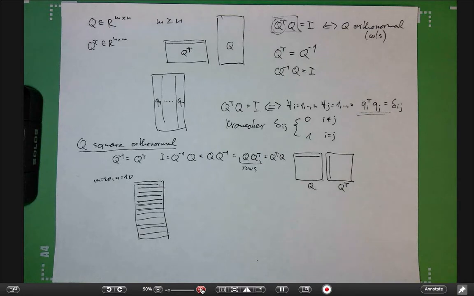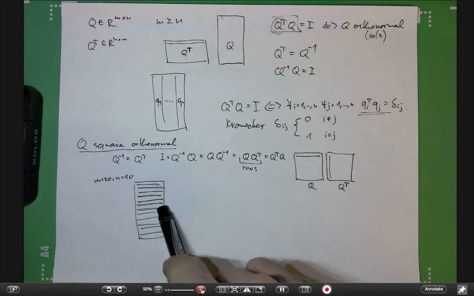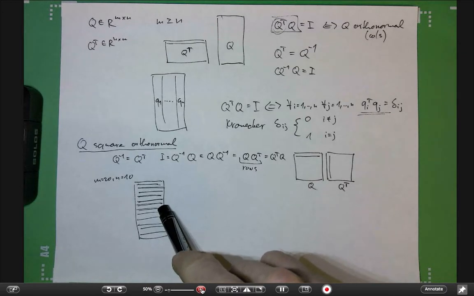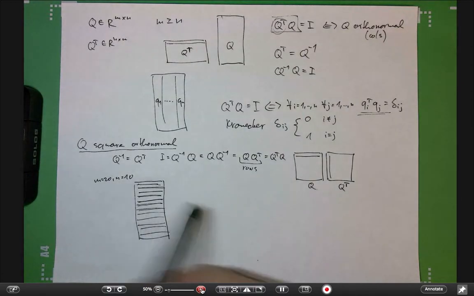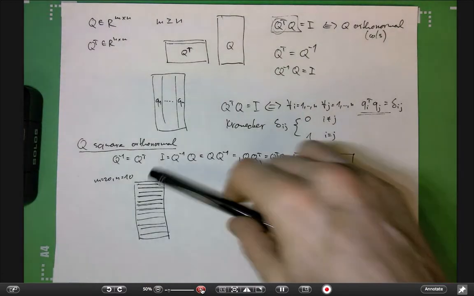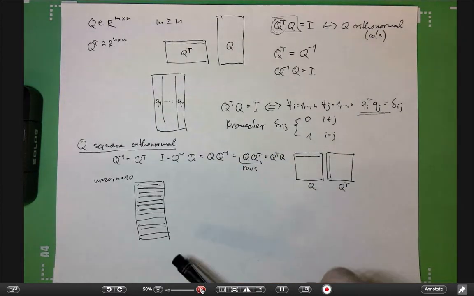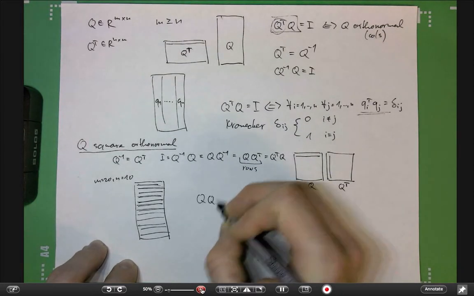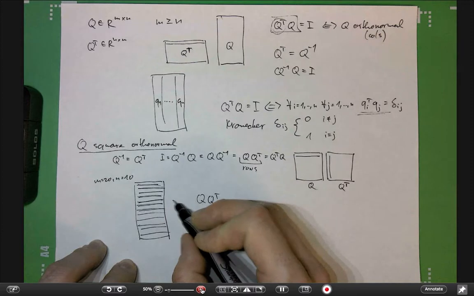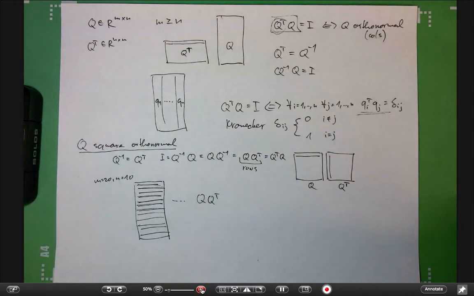Because these are 10-dimensional vectors, I cannot have more than 10 linearly independent vectors there. The dimension of the space is 10, so the maximum number of linearly independent vectors is 10. If I had 11, that's impossible. So these rows have no way of being all orthogonal. That also means that if I do QQT for a rectangular matrix like this, I cannot possibly get identity, which is interesting.